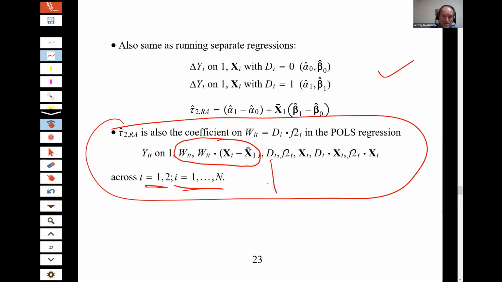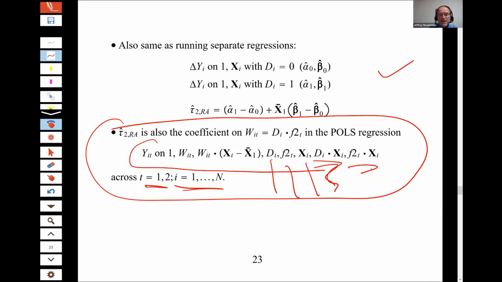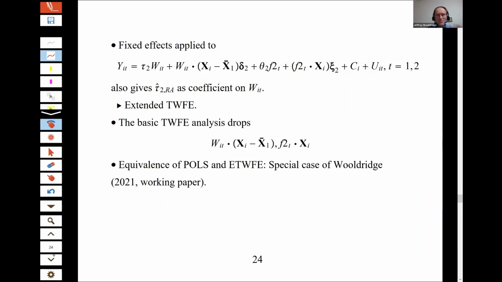This becomes a control, as does time, as do the x's, and then we interact. We put in, like I said, as many interactions as we can. Again, in my paper, I show that these things are all equivalent. And that means that when we get to more complicated settings, this kind of pooled regression is going to be quite handy. Okay, and I know I'm going to push this, so I want to move this along.